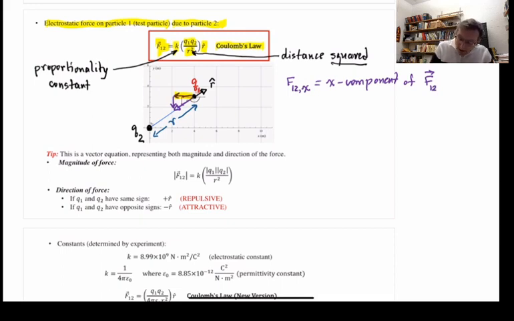And now I'll highlight the y component of F12. It's that one right there. And I will denote that one F12y, which means the y component of F12. And we have to be able to find those components, right? Because when we deal with vectors, when it comes down to working with them, we have to work with the components.